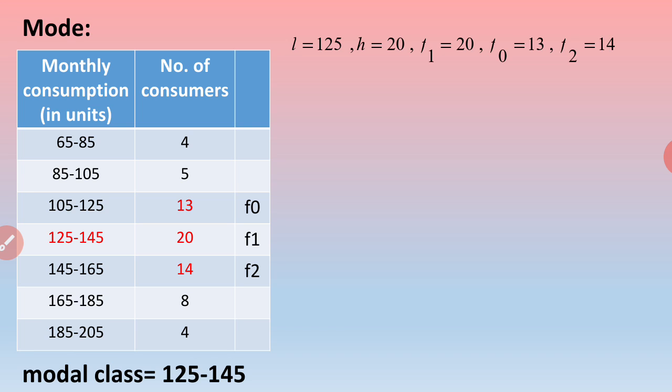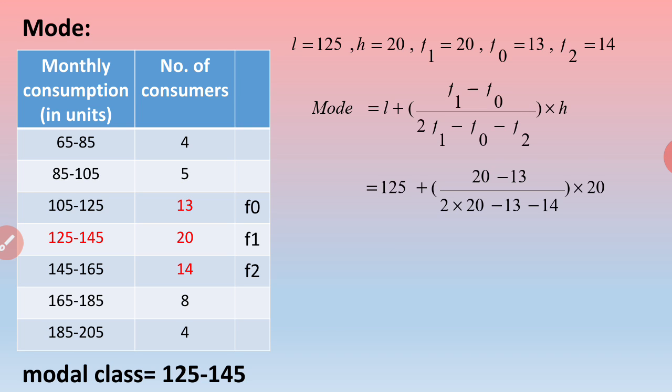L is the lower limit of modal class, that is 125. H is the height, that is 20. Above F1 lies F0, so it is 13, and below F1 lies F2, so it is 14. With this, do the substitution and get the mode.